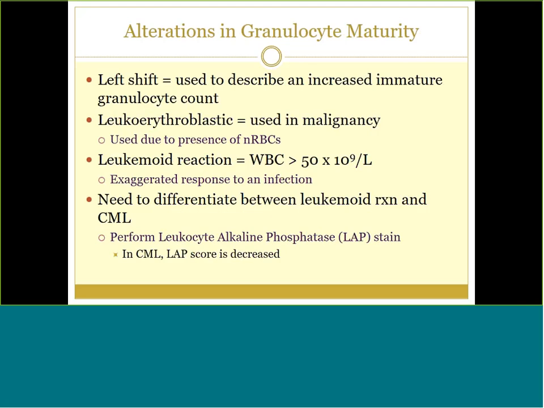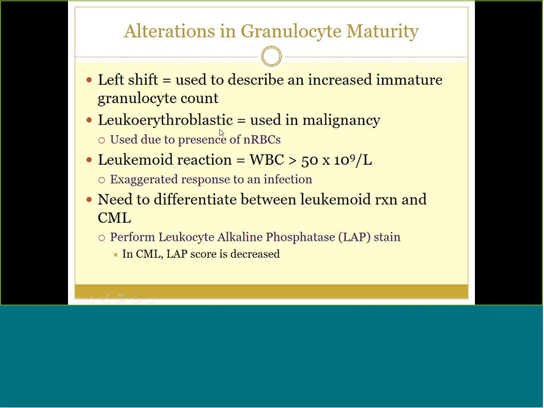The term leukoerythroblastic is often used in different malignancies that might be occurring within the patient. So the word itself is saying that you not only have a left shift, so you have those immature granulocytes, but you also have immature red blood cells, so what we call nucleated red blood cells. So you have both showing up in the blood, a combination there of both immature cells.